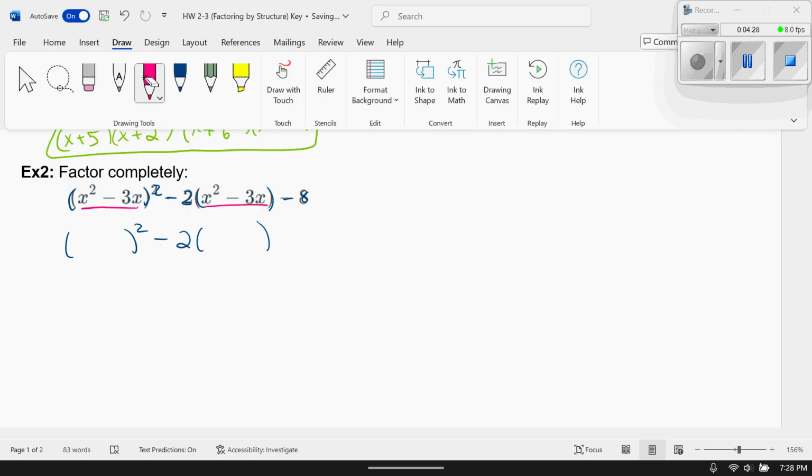Instead of writing x squared minus 3x, we're just going to write U. And now it becomes more basic, to the point where we can factor U squared minus 2U minus 8.